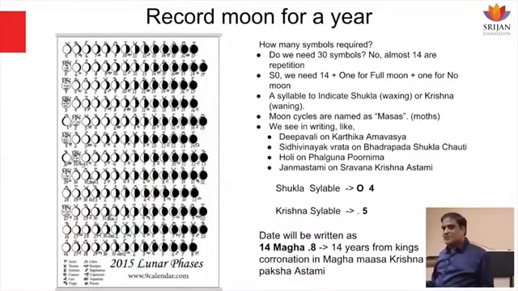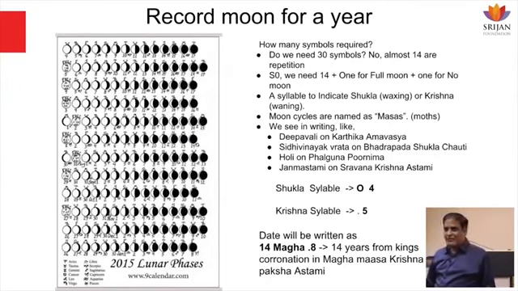What you need is basically a count of 14, because there are 14 phases of the moon, plus one full moon day and one no moon day. So there are 16 items, and then you need some differentiator for Shukla Paksha and Krishna Paksha, because the way we write is Bhadrapada Shukla Chauti. So Chauti is used in both Shukla Paksha and Krishna Paksha.